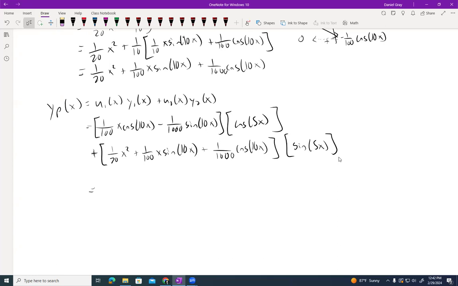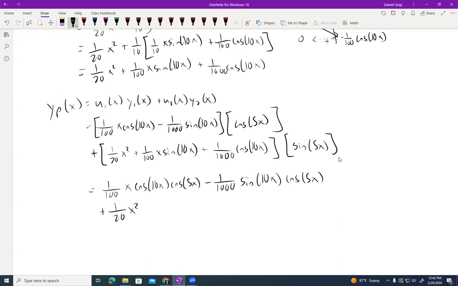When I do that, I get 1 over 100 x cosine of 10x times cosine of 5x, minus 1 over 1,000 sine of 10x cosine of 5x, plus 1 over 20 x squared sine of 5x, plus 1 over 100, oh sorry, x times sine of 10x times sine of 5x, plus 1 over 1,000 times cosine of 10x sine of 5x.